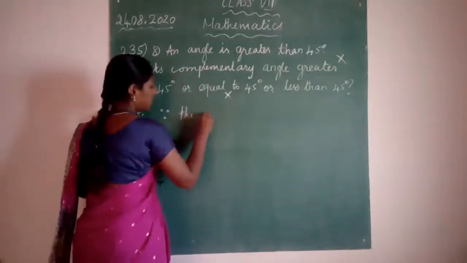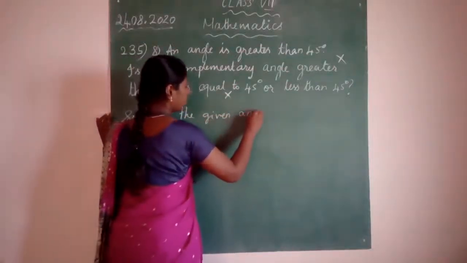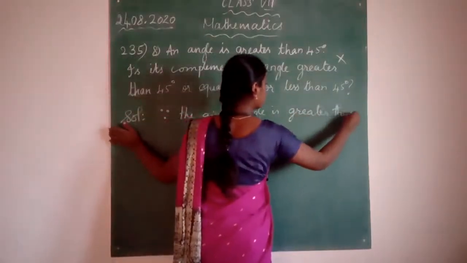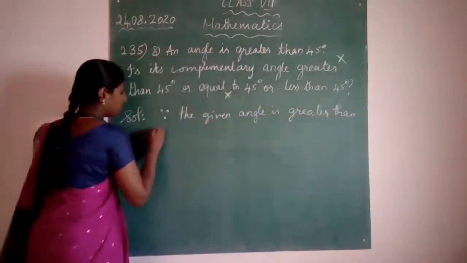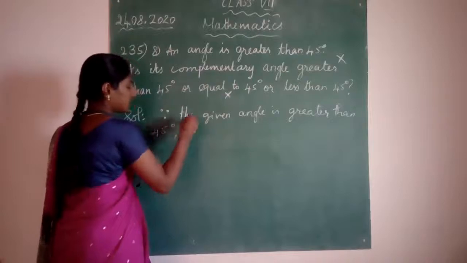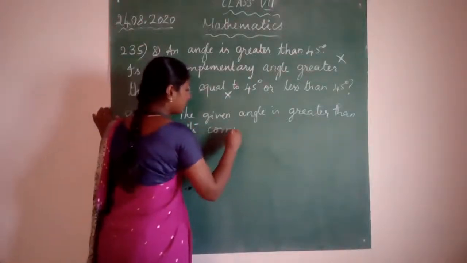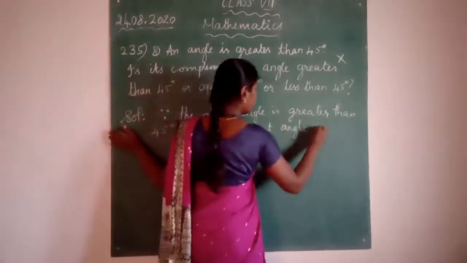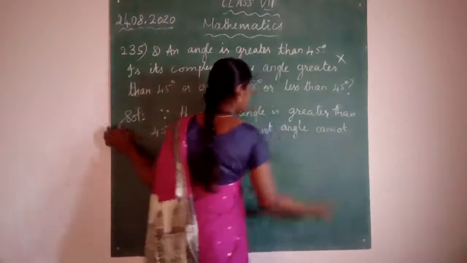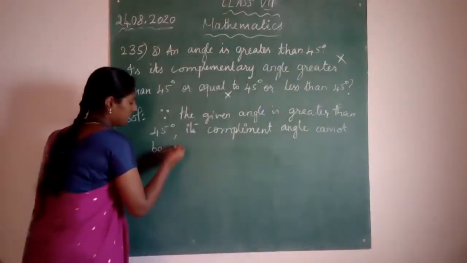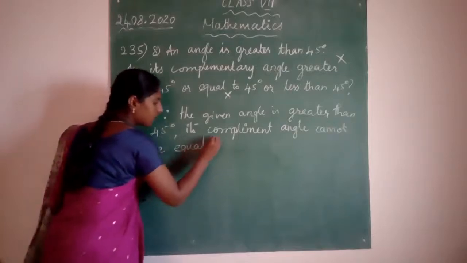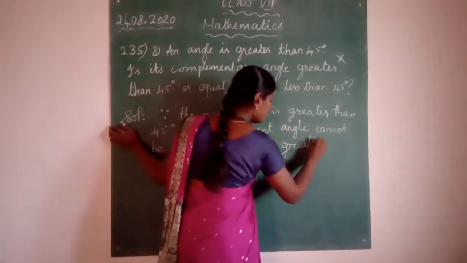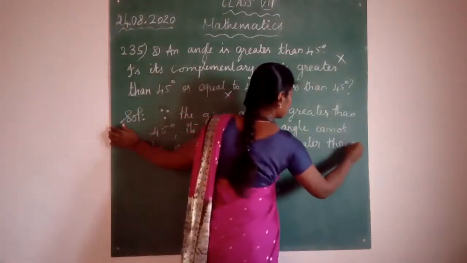Since the given angle is greater than 45 degrees, its complement angle cannot be equal to 45 or greater than 45.